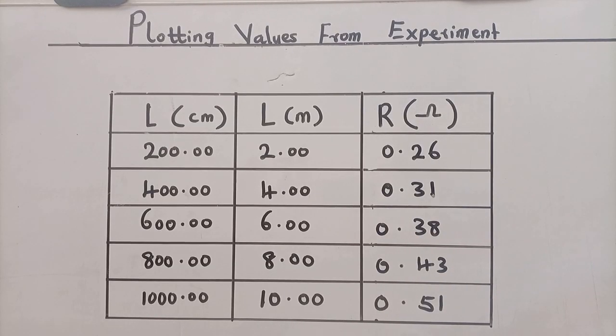Now, let us consider plotting a graph for values obtained from experiment. The last graph we plotted had values on the table gotten from a mathematical equation. At this point, let us briefly come to know what this table is all about.